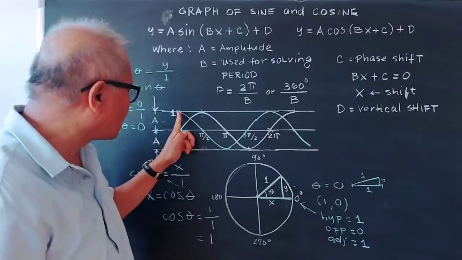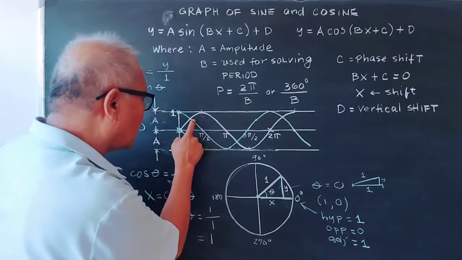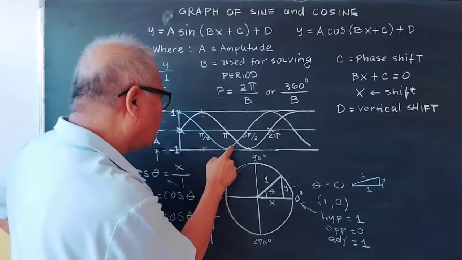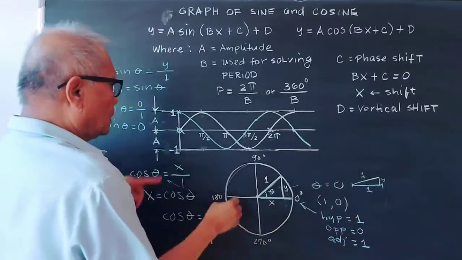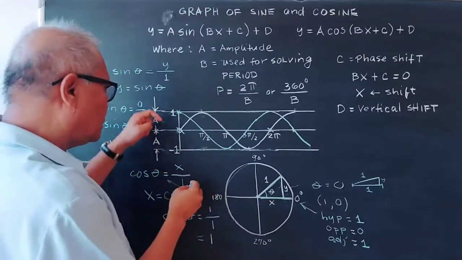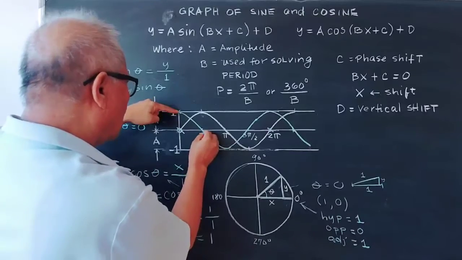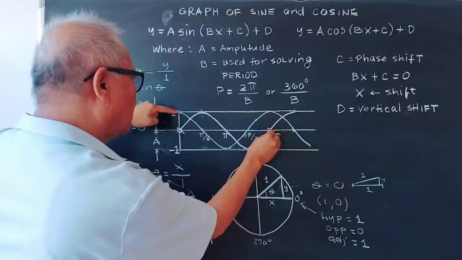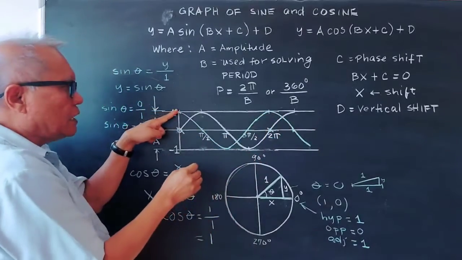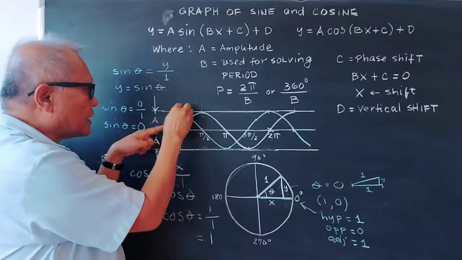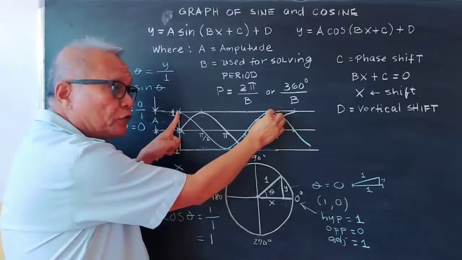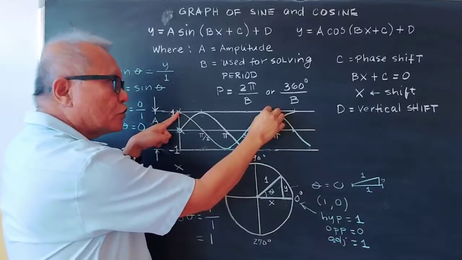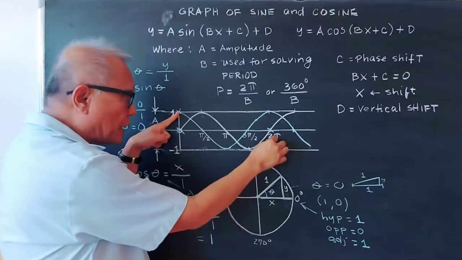See, this one is our cosine wave there, and then goes there. The period of cosine is from here up to here. That's the period of our cosine, which is still 2 pi.